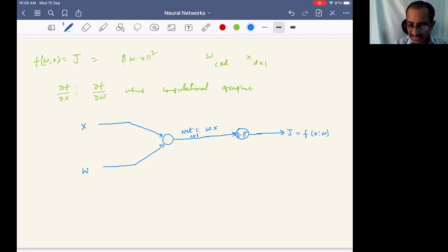So if we call it F, it is nothing but the norm of the vector variable net, whole square. If we expand it, net 1 whole square plus net 2 whole square and so on up to net C whole square. Fine. So this is what we have as the forward pass.